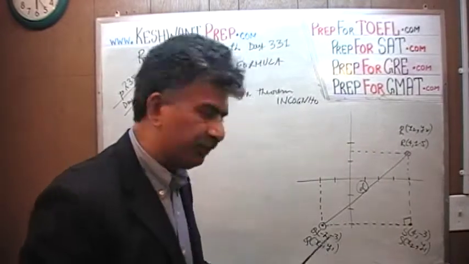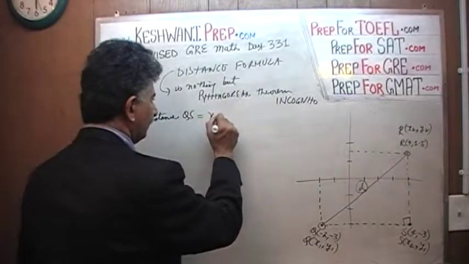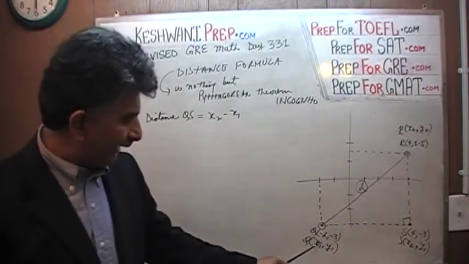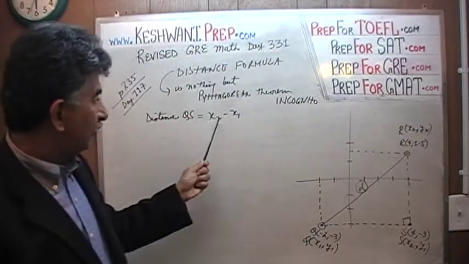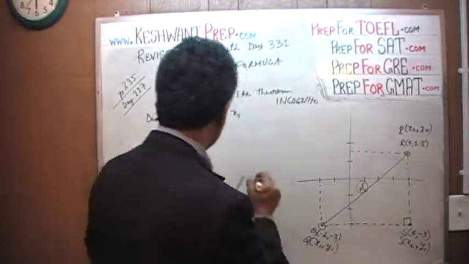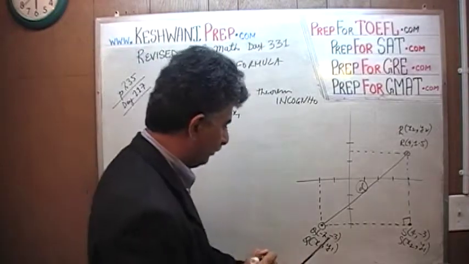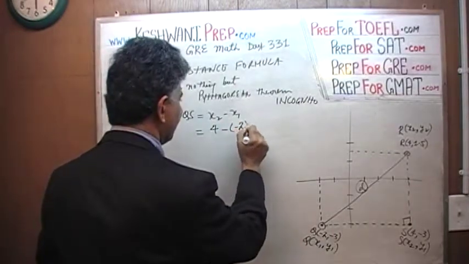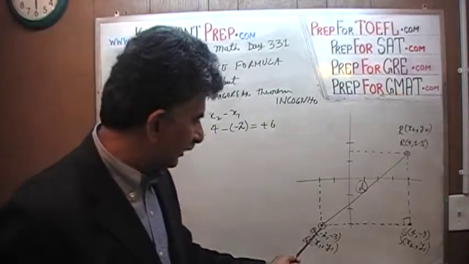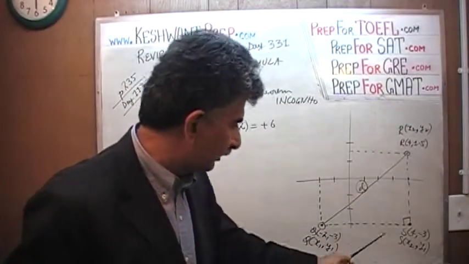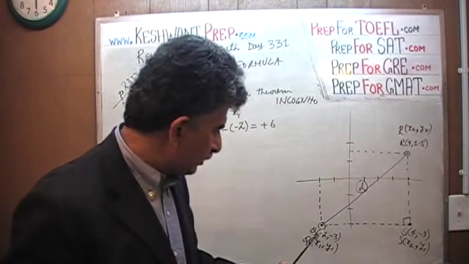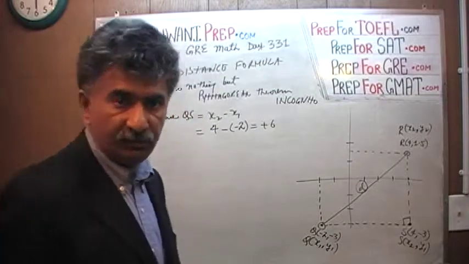What's going to happen is that because x1 is negative here, x2, which is 4, minus -2 will actually become positive, which is just as well, because that's how much the distance is. The distance is 6 units. Distance from Q to S is 6 units, because distance from S to the y-axis is 4 units, and distance from Q to the y-axis is 2 units, so altogether it is 6 units, obviously.